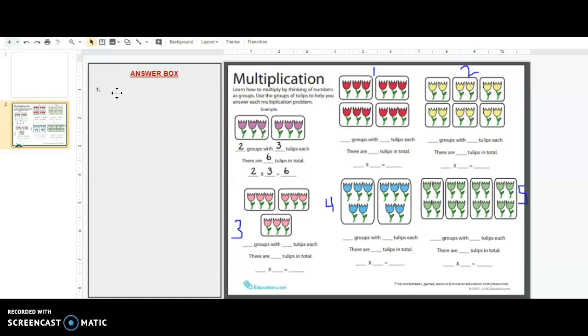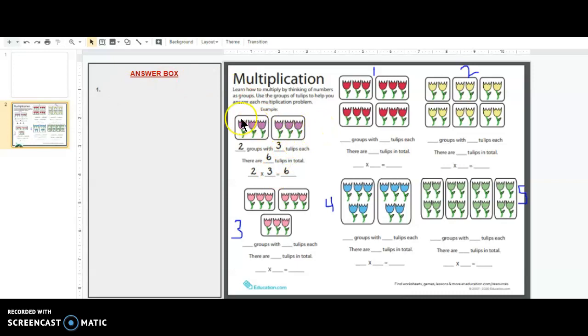So first we're going to talk about multiplication. We went into a little bit of multiplication before our big break, and I want to just talk about making groups and then combining it all together. So we have to make a group that's an even group to distribute the number evenly.